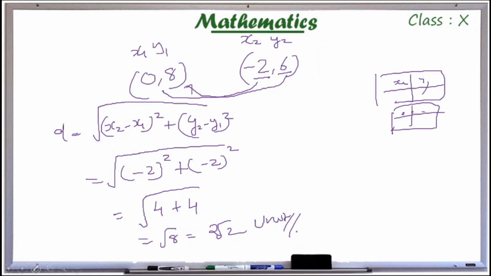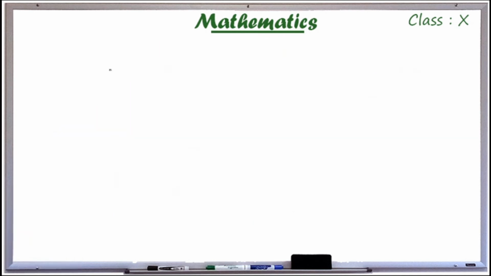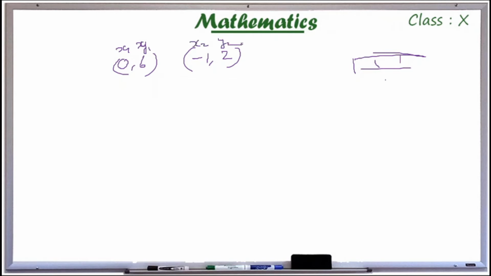I will show one another example. Suppose I have to find the distance between 0, 6 and minus 1, 2. First I have to draw the table showing x1, y1 and x2, y2, and then I have to write the distance formula.